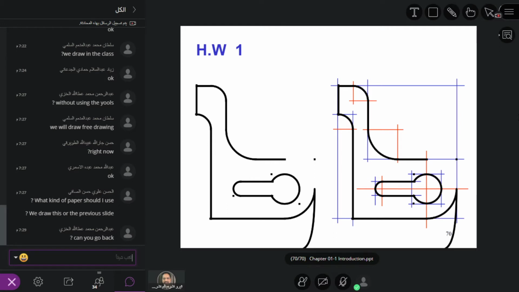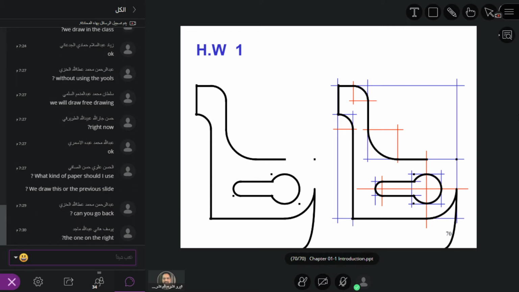Try it now. So make the squares wherever necessary, and then you draw it. So the red color lines are for making the arcs. Yeah, right.